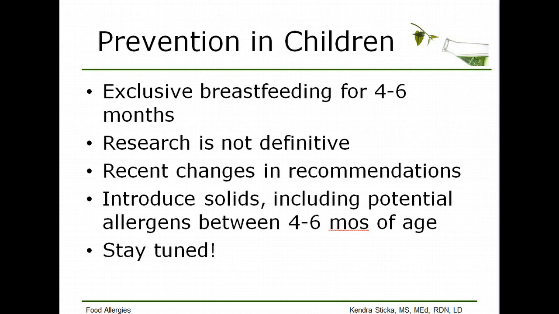There kind of have been some recent changes in recommendations, including sort of when to introduce potential allergens. So for a while it was felt that anything that was potentially allergenic, like wheat, eggs, nut, peanut butter, things like that, we should wait for a long time to introduce them, and that would decrease the risk of food allergies.